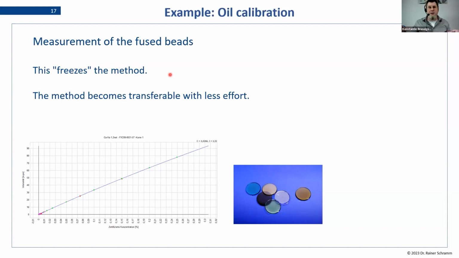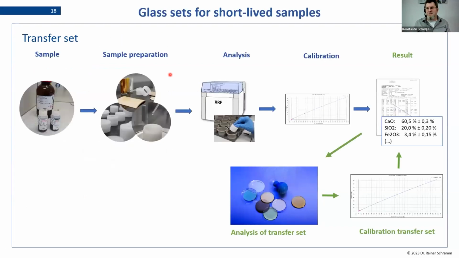So we do that one time, we then freeze the application using synthetic samples or glass samples, and we can use those to transfer to a different place or spectrometer with much less effort and a lot easier to store. So the whole process becomes something like this.